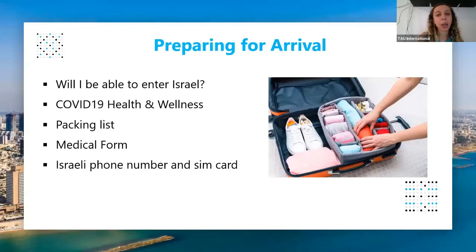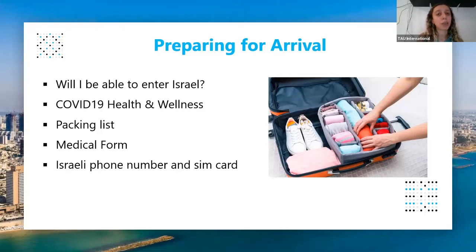Okay, Anna's asking, what is the earliest we can move into the dorms? So the official arrival day is October 12th. If needed, regarding quarantine and other issues, we might open the dorms earlier. But for now, we don't have early check-ins. The official check-in is October 12th.